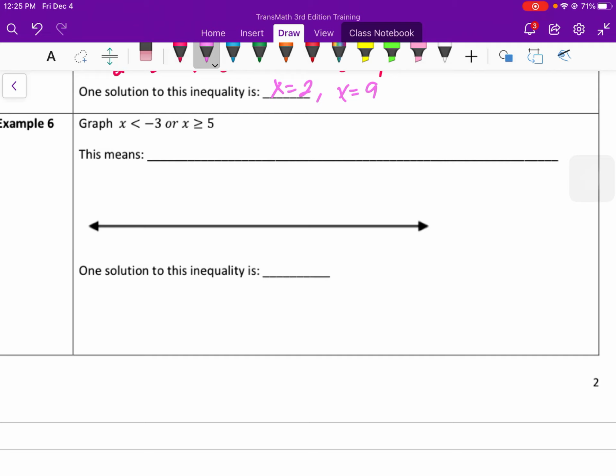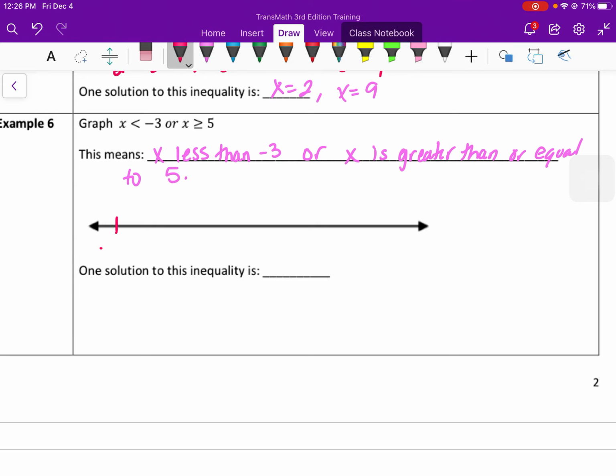So the next one, this one says graph x is less than -3 or x is greater than or equal to 5. So this means that x is less than -3, or x is greater than or equal to 5.